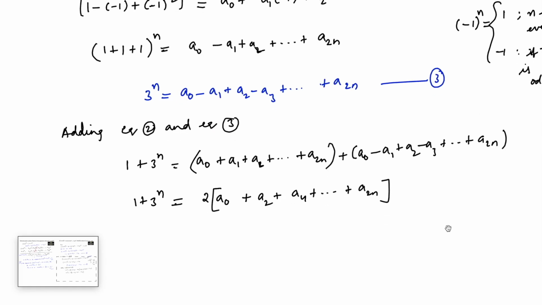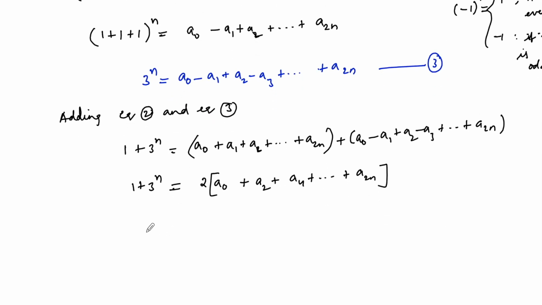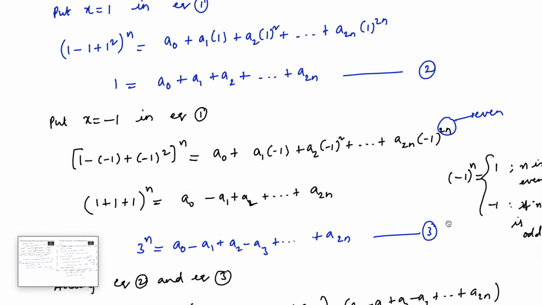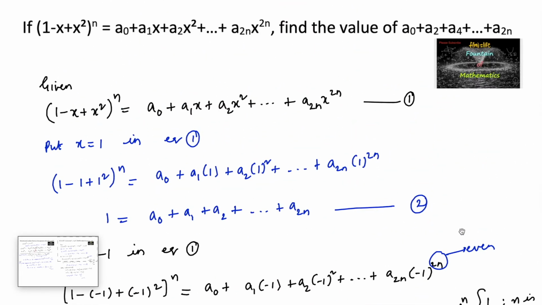So we can write a0 + a2 + a4 + and so on up to a2n is equal to (1 + 3^n)/2. So the answer is (1 + 3^n)/2, or (3^n + 1)/2, the answer for the question.